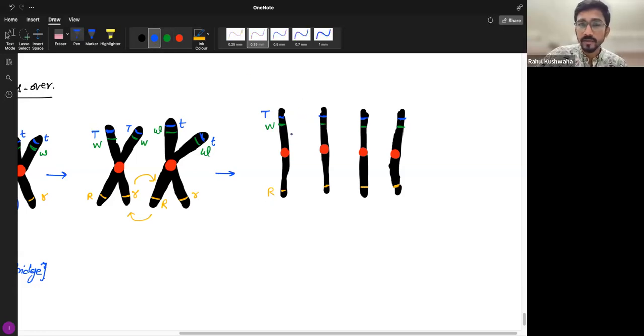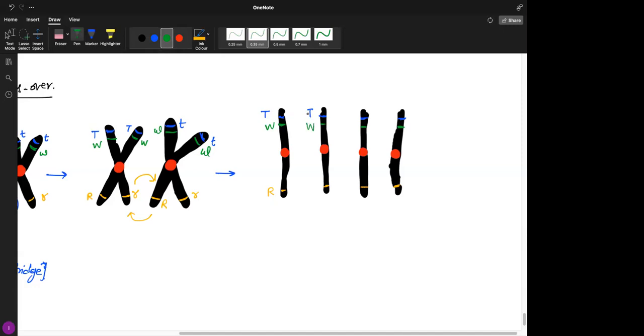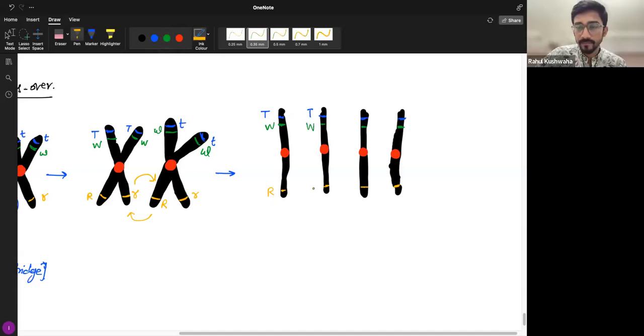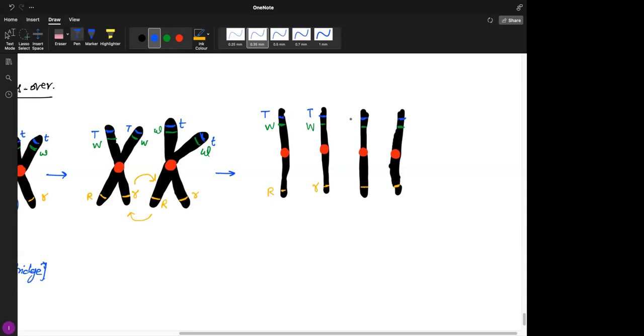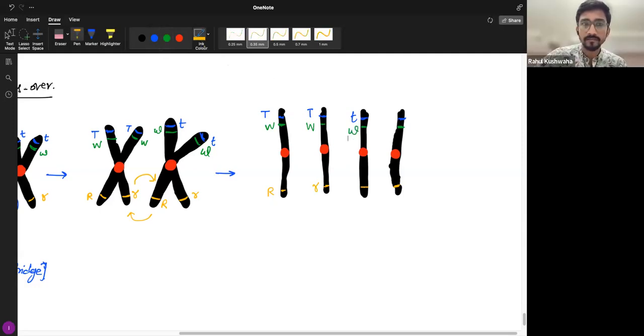Tell me about this one. Second one. Let's say these two separated. Capital T, yes. Capital W, yes. Small r, perfect. Then for this one. Small t, okay. Small w, okay.